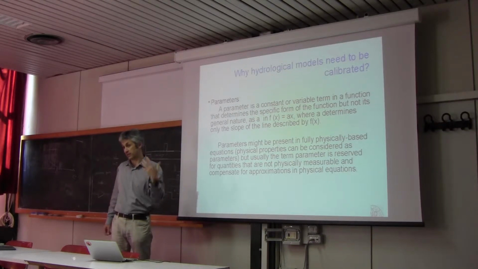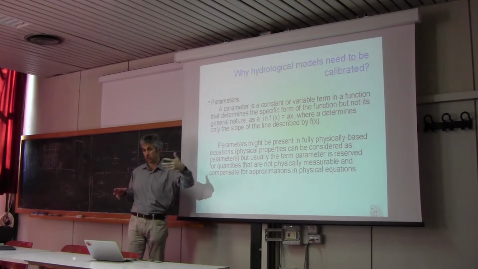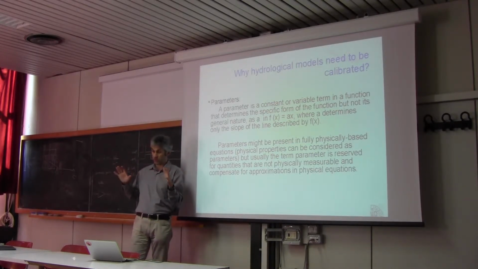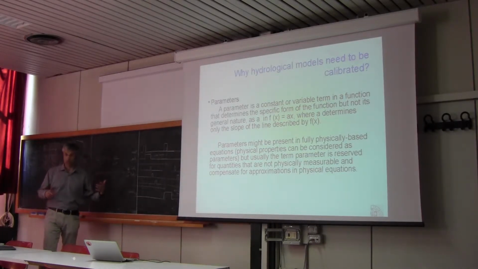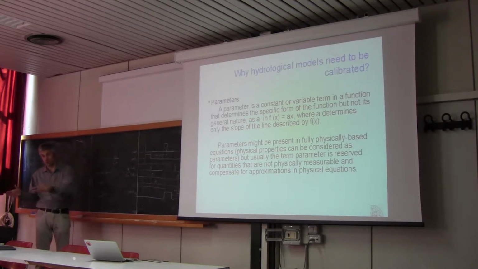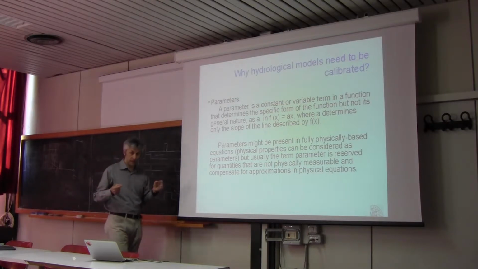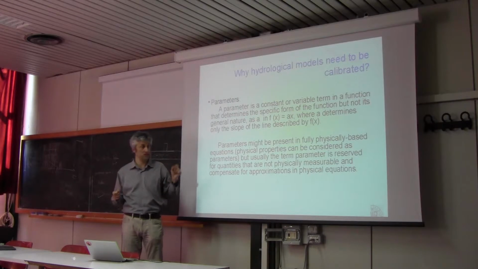You have the de Saint-Venant equations, which determine how water flows in a river, and they are fully physically based, but in these equations you have the roughness included, which quantifies the energy losses that are experienced by the river flow while flowing, and the roughness can be considered a parameter. It is a parameter that has a physical meaning, but still it's a parameter.